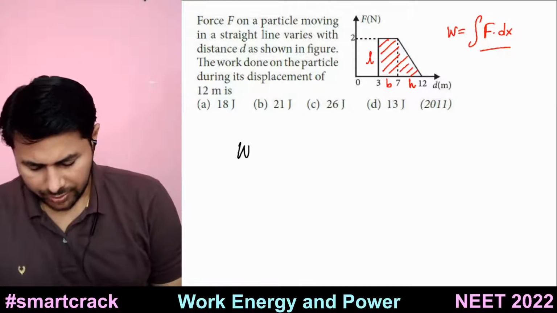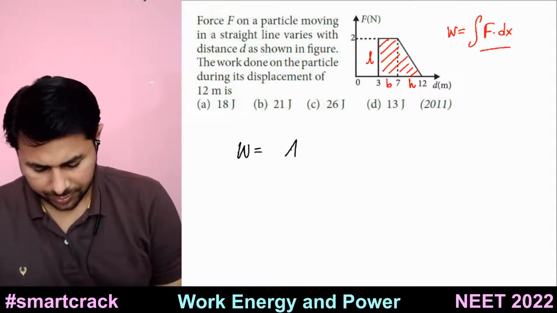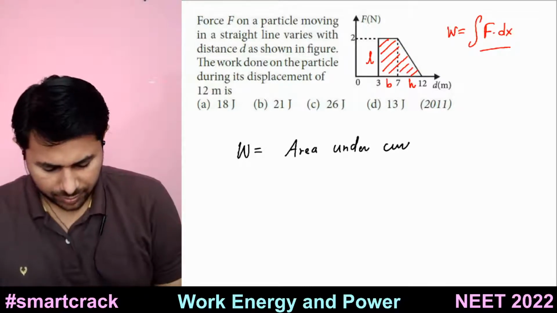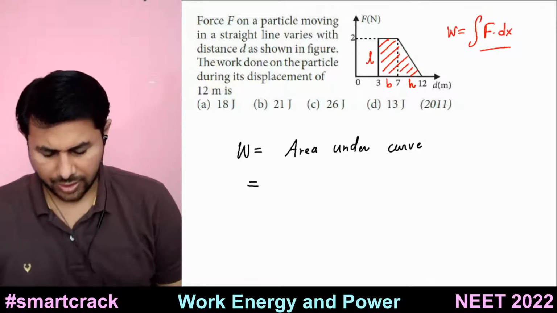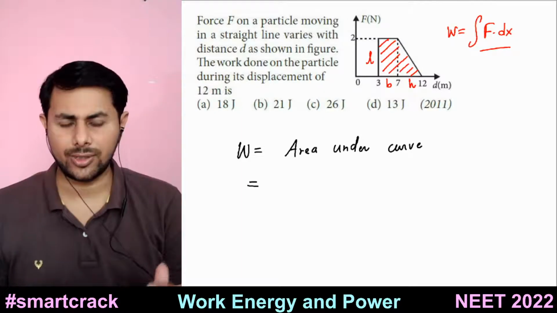So W equals the area under this curve from the start position to the end position. Because it's not specified, it should be the area under the full curve.